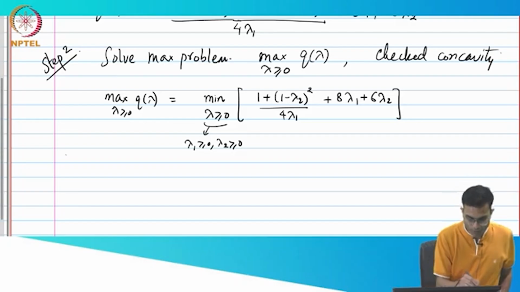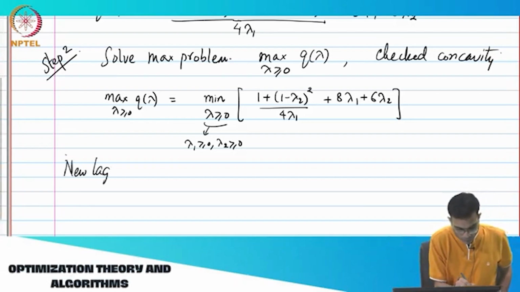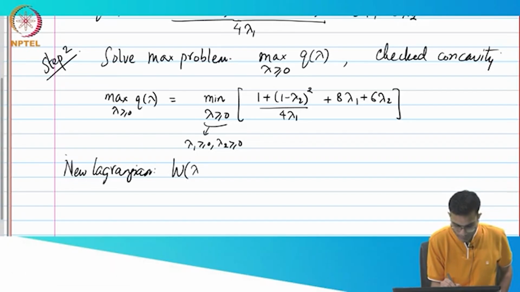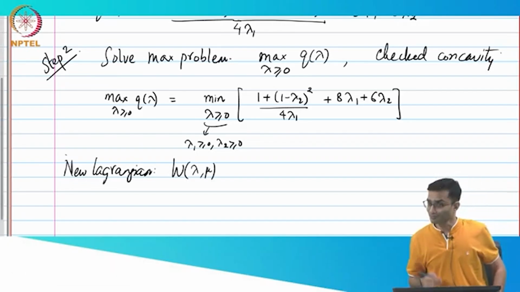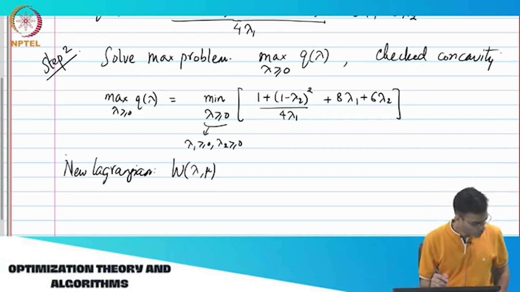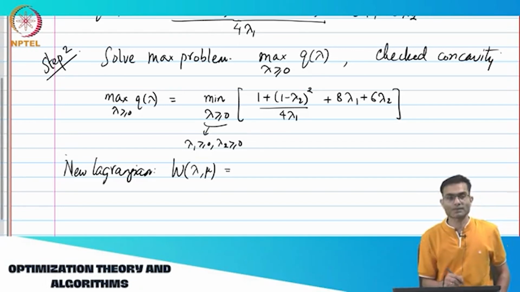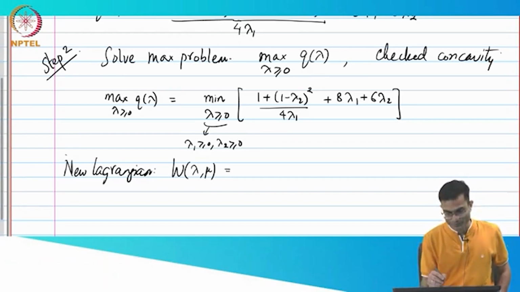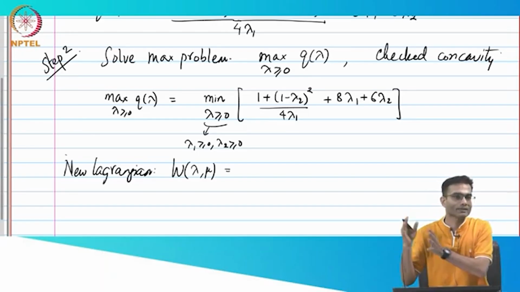So let's do that. So the new Lagrangian, let's call it W. This is going to be a function of lambdas and let's say mu. So mu are the new Lagrange multipliers of this problem, right? So what will I get? I'm going to get the function minus sum of mu i C i.